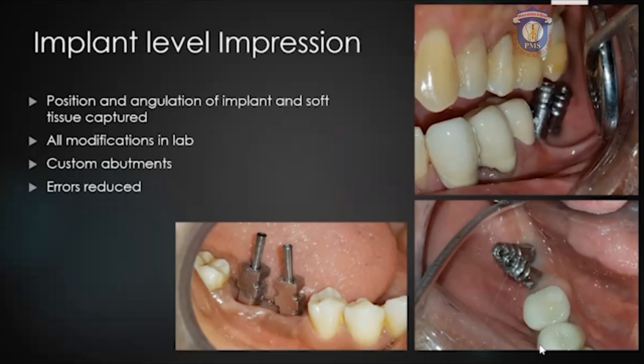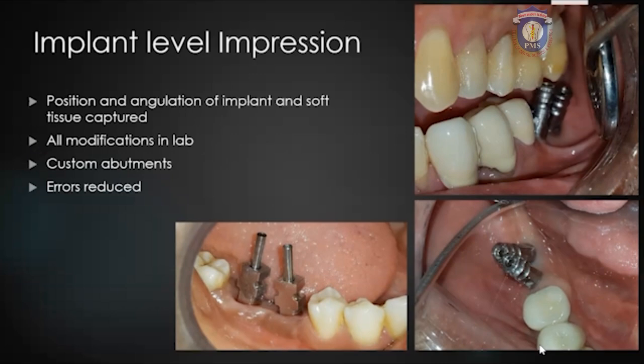What is an implant level impression? The implant level impression records the position, angulation, and depth of the implant. And we will also have an implant replica in the master cast that will serve as a duplicate of the implant for us to work on.